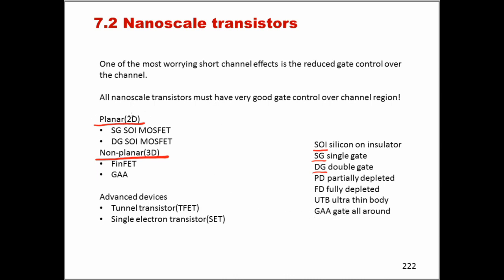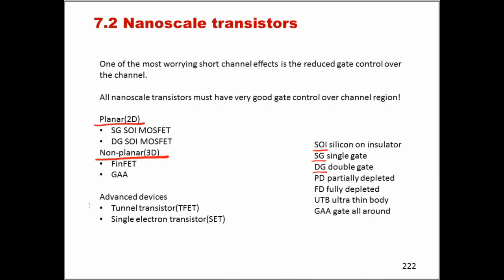So the 2D planar configurations that people have come up with are all based on SOI MOSFET, so on a silicon insulator MOSFET, and can be single gate or double gate. And there are non-planar structures that are more recent, and it is the FinFET and the gate all around MOSFET.